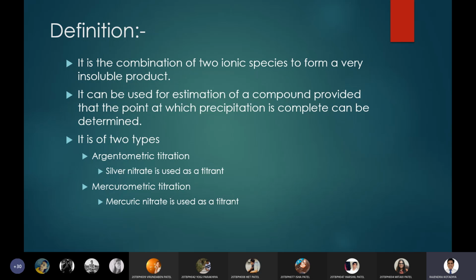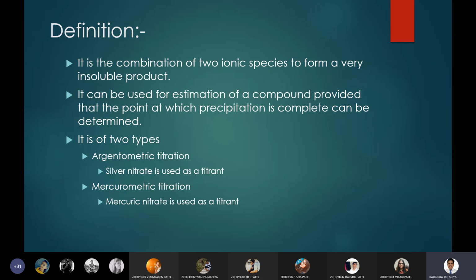So this particular principle, formation of an insoluble product based on the combination of two ionic species, allows us to estimate the compound, provided that precipitation is complete at a point and that point can be determined.